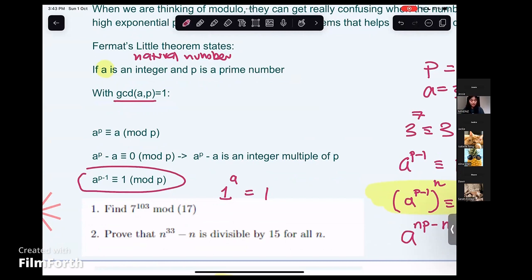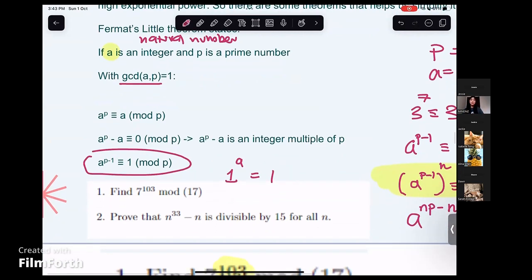Then Fermat's little theorem tells us that a to the power of p is congruent to a mod p. So when we divide a to the power of p by p, we get a remainder of a.